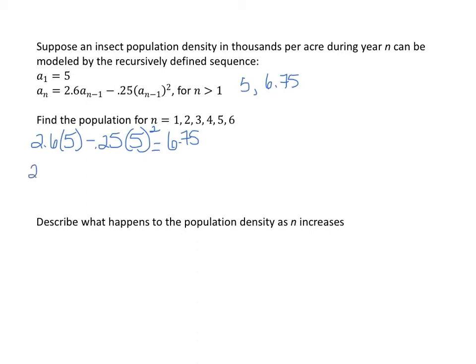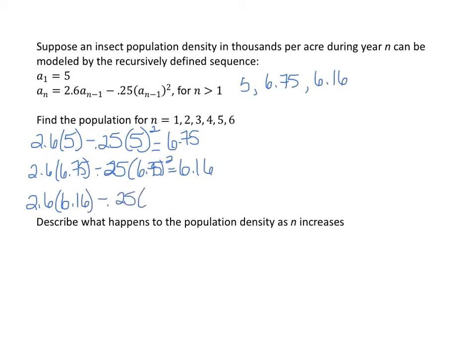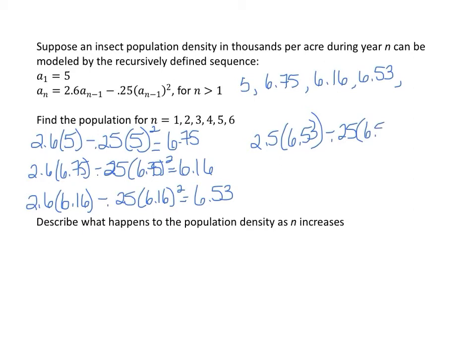We do that again. 2.6 times 6.75 minus 0.25 times 6.75 squared, and that will give us about 6.16. 2.6 times 6.16 minus 0.25 times 6.16 squared is going to give us about 6.53. 2.6 times 6.53, sorry, that's 6.53, minus 0.25 times 6.53 squared will give us 6.32.